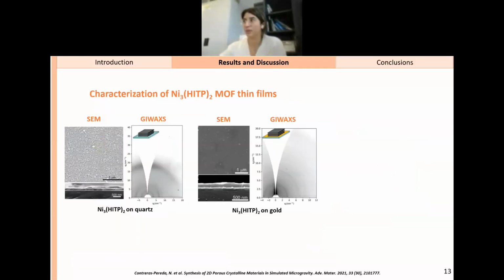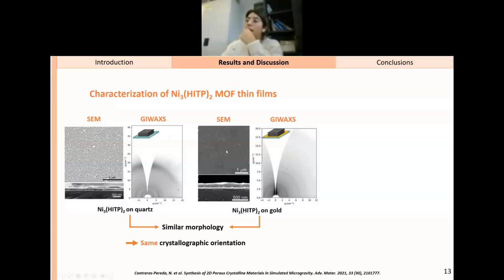After characterizing these substrates, they again synthesized the MOF film in these microfluidic devices, but now they compared the SEM and GIWAXS results to the MOF films already synthesized on quartz substrate. As you can see here, if we compare the MOF on quartz and the MOF on gold, they have a similar morphology, and the film formed was around 100 nanometers in thickness.